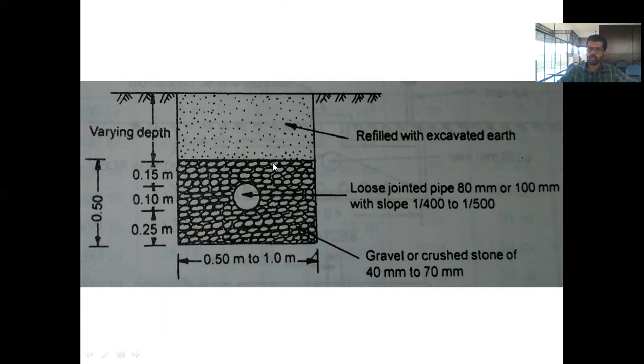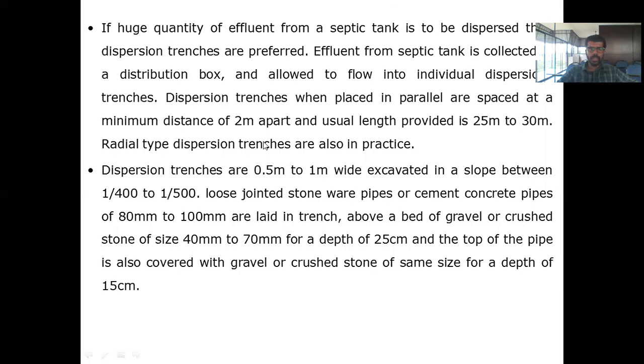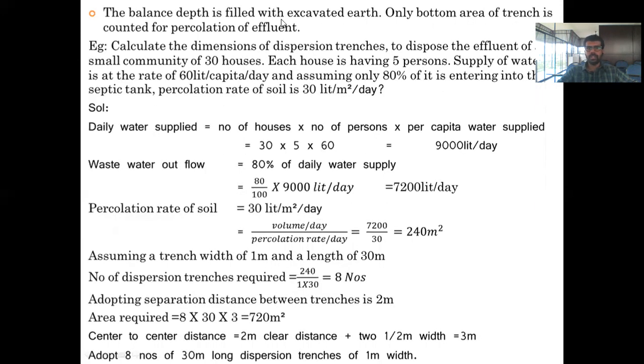That is what we are assuming. That's what it says here: the balance depth is filled with excavated earth. The balance depth means the height above the pipe, that is 15 centimeter. Above that, it is filled with the excavated earth, you can fill it with mud. And only the bottom area of the trench is counted for percolation of the effluent.